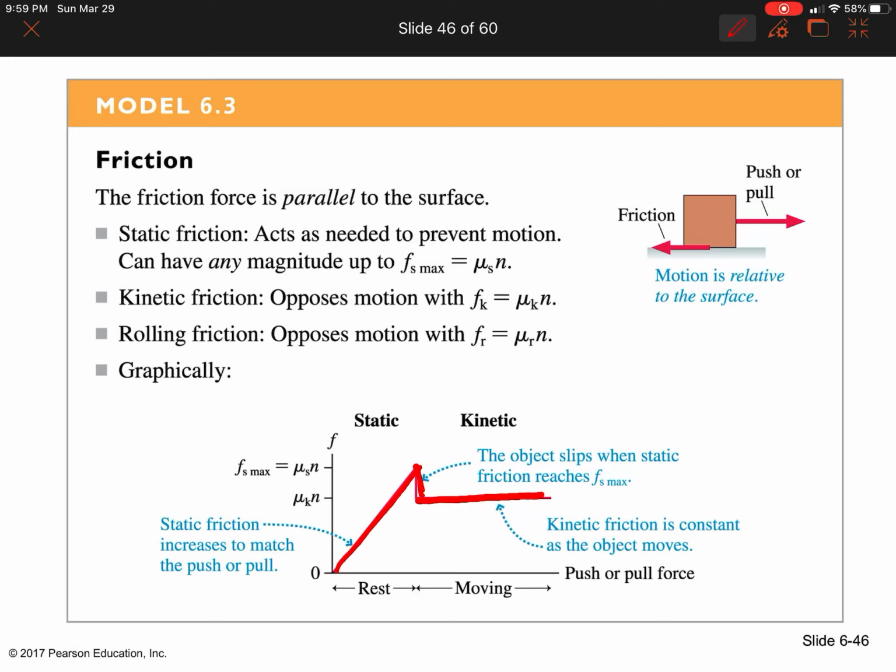We were showing that you could pull on that rope and the static friction would be the same, and you could pull on the rope some more and the static friction would be equal. So we could see that that actually increased. But once it slips, the kinetic friction just maintains a constant as the object moves.